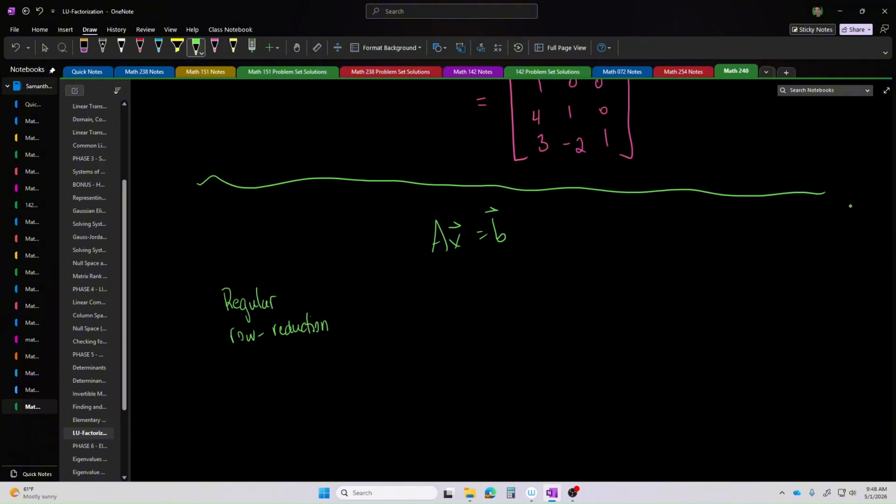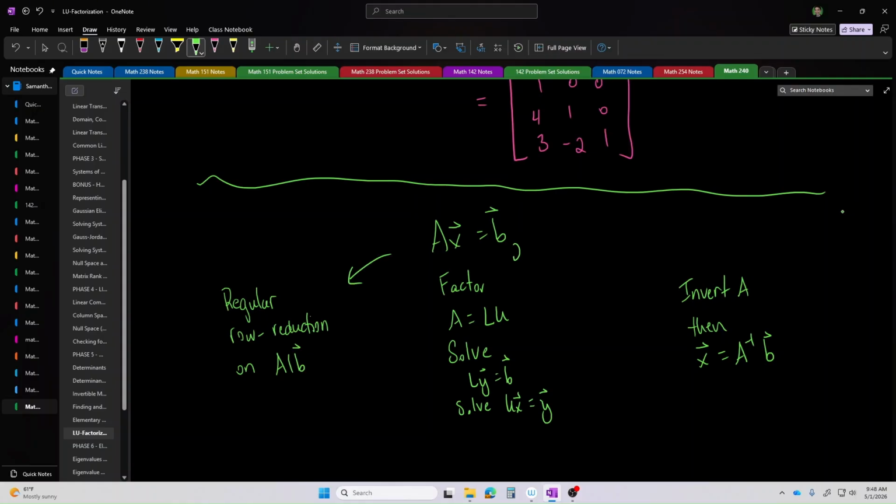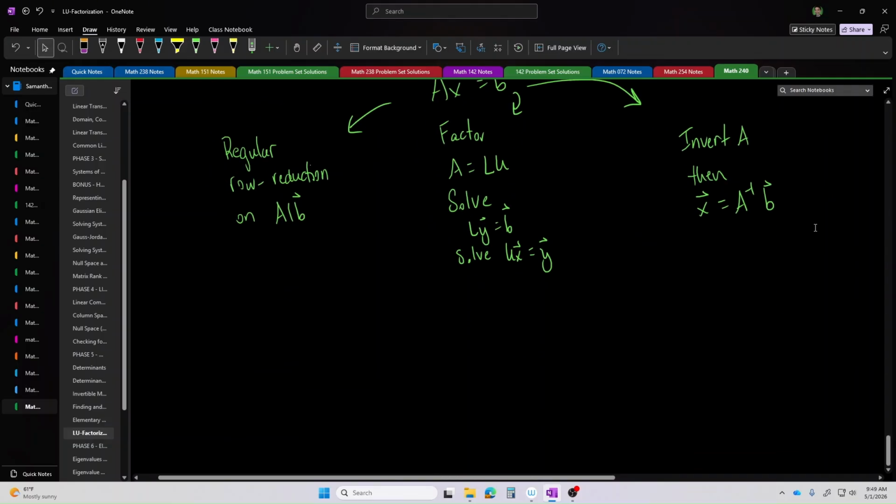Sort of on the far end of the extreme is to invert the matrix A and then get X by doing A inverse times B. And sort of middle ground here is to factor A as L times U, then solve LY equals B, and then solve UX equals Y. The three different means that we, in theory, could use to solve any given matrix equation.